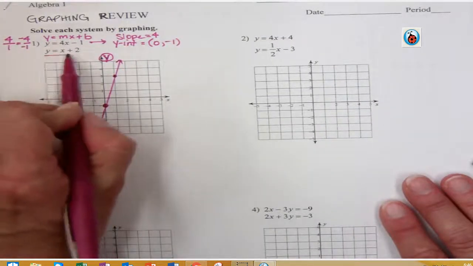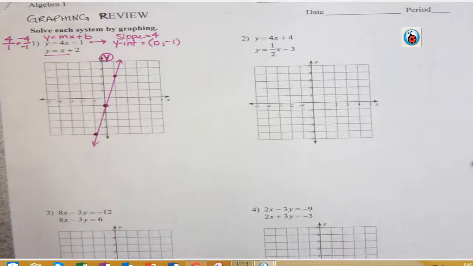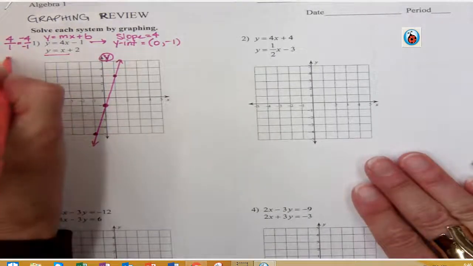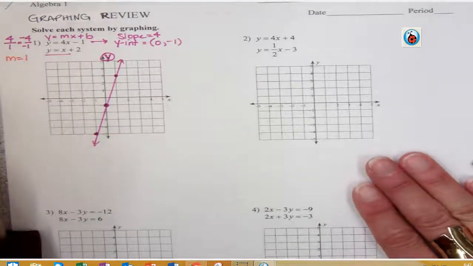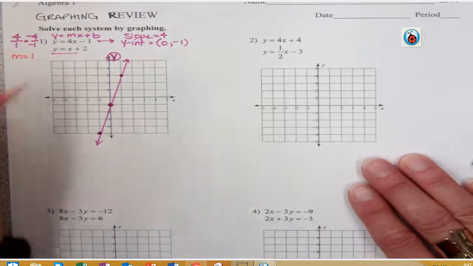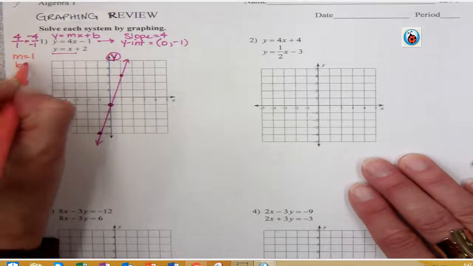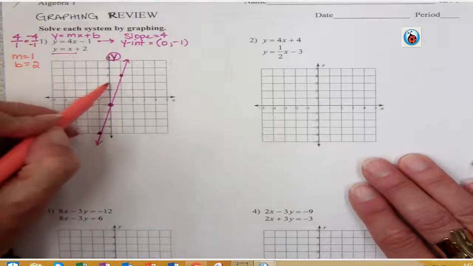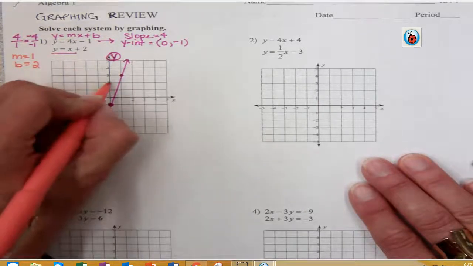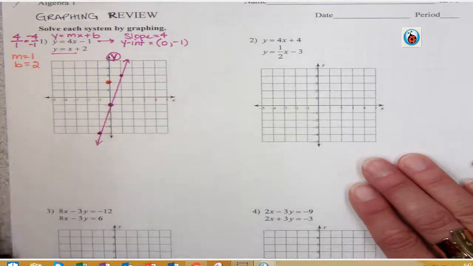So for this one, my slope would be 1, because there's a 1 in front of that x, and my y-intercept would be 2. So the first thing I do is go up to 0, 2.